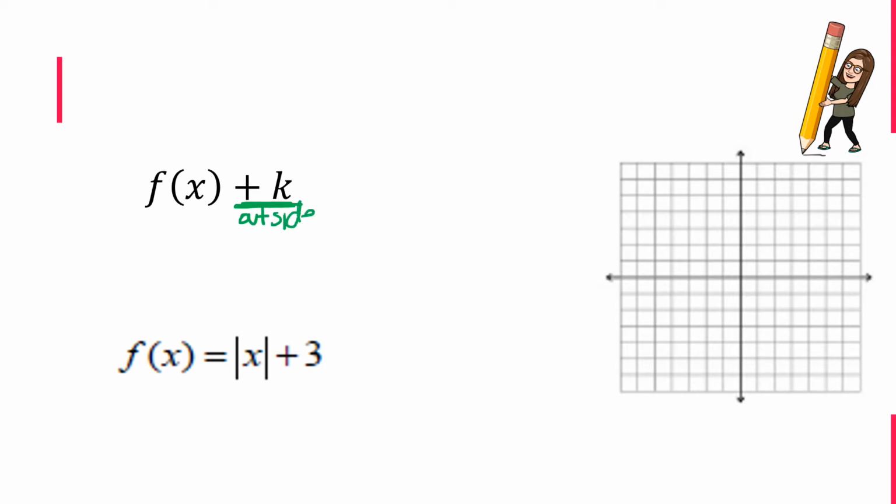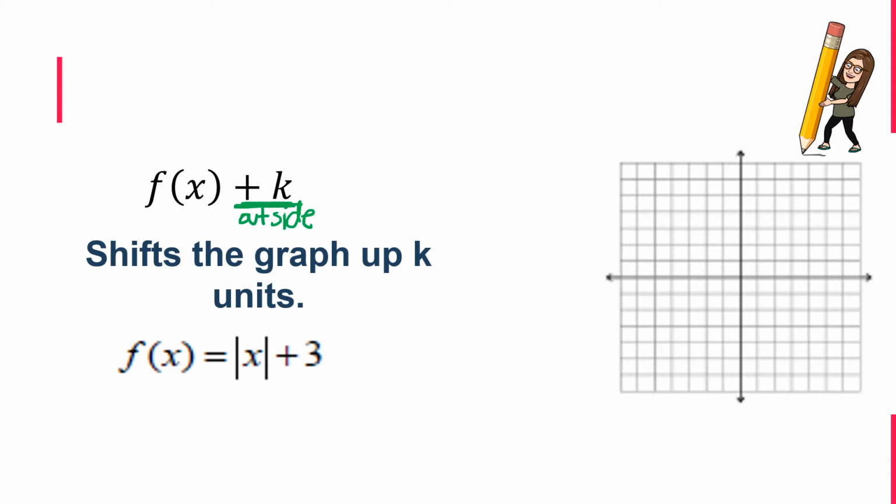Notice how it's outside the function. That means that we're going to shift the graph up k units. It's a vertical shift. So up because it's positive, and k just represents the number, how far. Okay, so I see a plus, and we're going to go up 3.